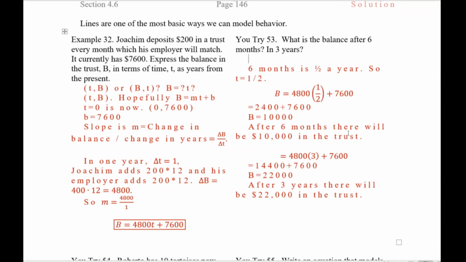So after 6 months, there will be $10,000 in the trust. Now we solve this for when after 3 years, which would be t equals 3, we receive B equals 22,000. So after 3 years, there will be $22,000 in the trust. Make sure to use the correct units, dollars.